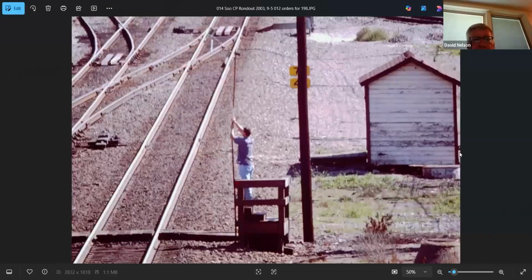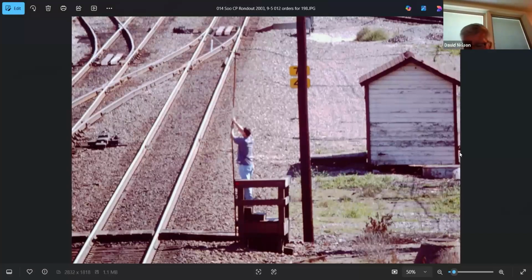There are also these junctions can cause rare and archaic practices to continue to be used long after they've disappeared just about everywhere else you could imagine. Even into the 1990s and perhaps into the 2000s at Rondout, again, that's where the EJ&E crosses the CP, Soo Line, Milwaukee Road.